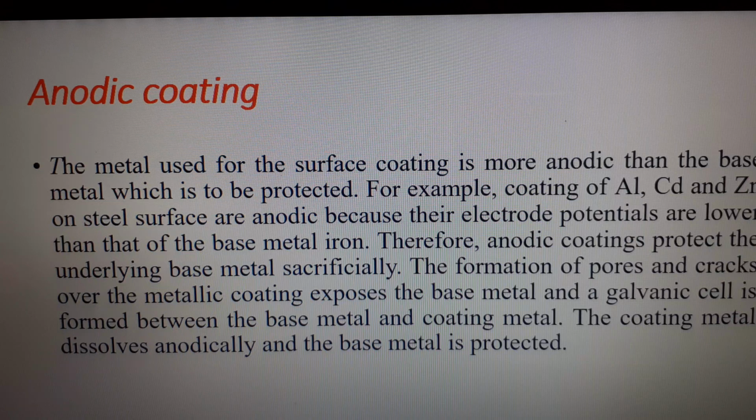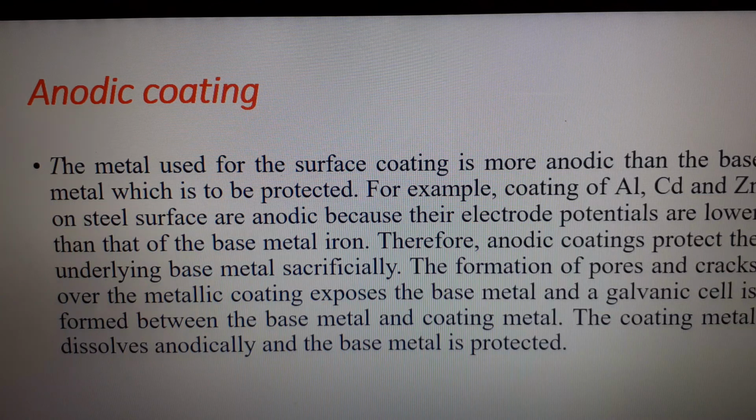In case of galvanized steel, zinc is the coating metal, being anodic, is attacked, leaving the underlying cathodic metal unattacked. A galvanic cell is formed between zinc and the exposed iron. Zinc being anodic to iron dissolves anodically, whereas the iron being cathodic is protected.